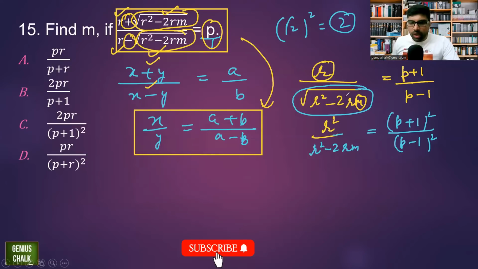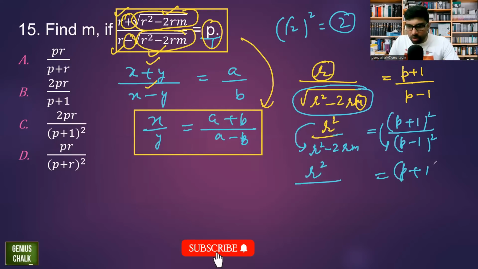Now I can apply, because I need to cancel this r square, I'll subtract numerator from denominator on both sides. Numerator I am keeping as it is, here also I am keeping it as it is, but in the denominator, I am subtracting, numerator minus denominator. It will not change. In a ratio, if I do this on the left side and the same on the right side, it will make no impact. This we can do in ratio because both the ratios are equal.